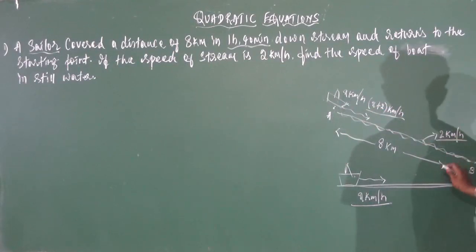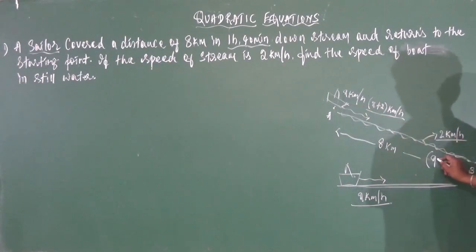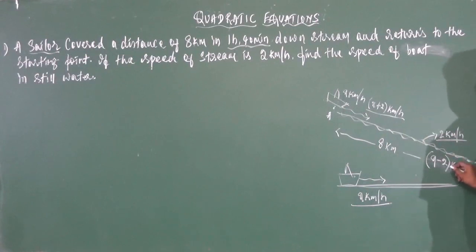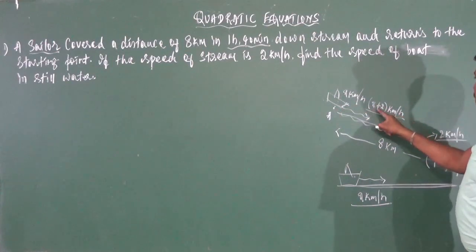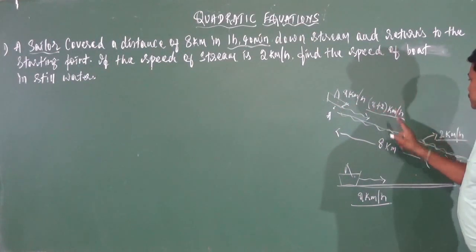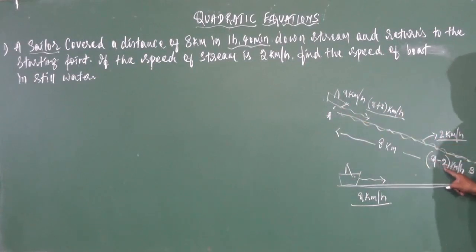The speed of the boat is x kilometers per hour, no doubt, but as it is moving against the flow, the speed of the boat decreases by 2 kilometers per hour. So the speed from A to B is x plus 2 kilometers per hour, and the speed from B to A will be x minus 2 kilometers per hour, right?